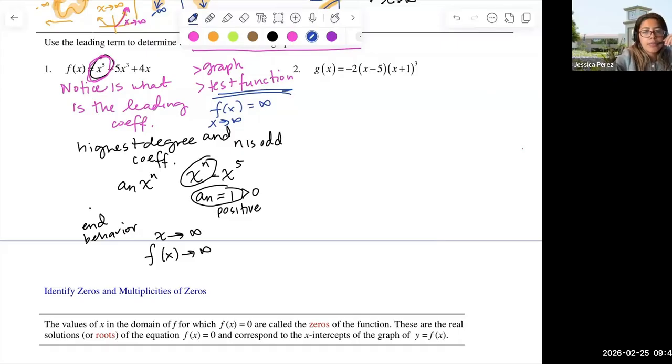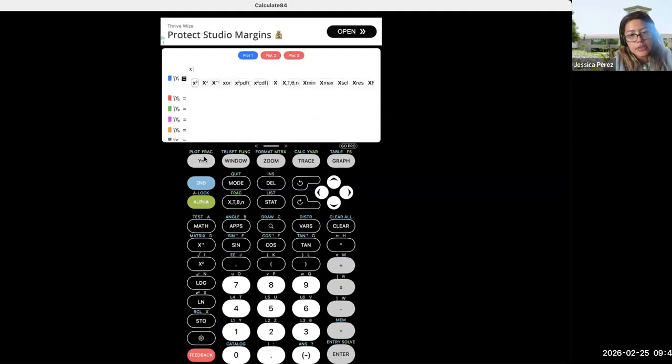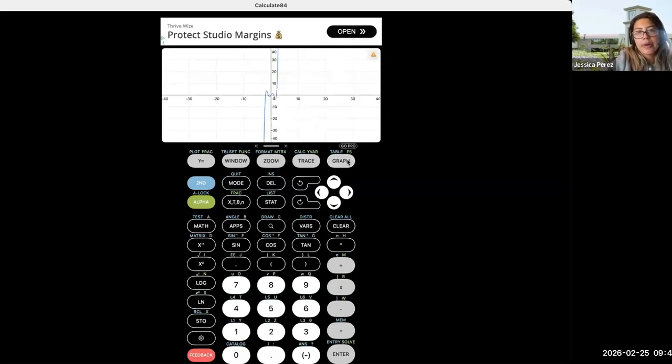Let me use my TI-84. That way I can share my screen and you are able to see the graph of that function. So I have y equals x to the fifth power minus 5x cubed plus 4x. That's the function that I have, and then I'm going to select graph.